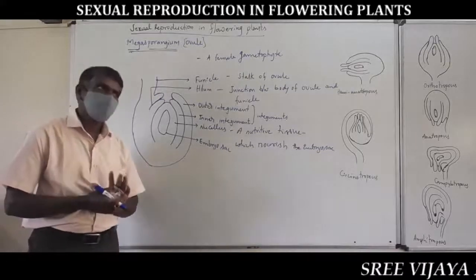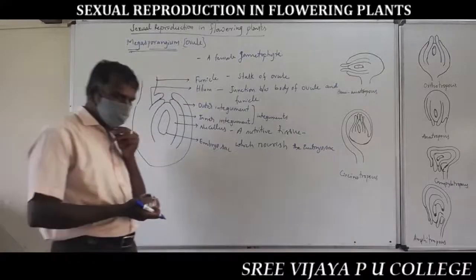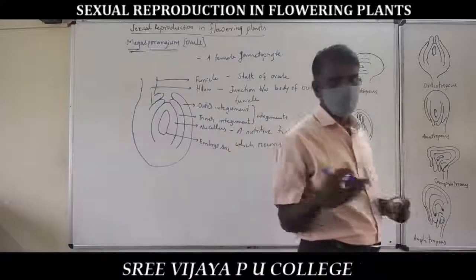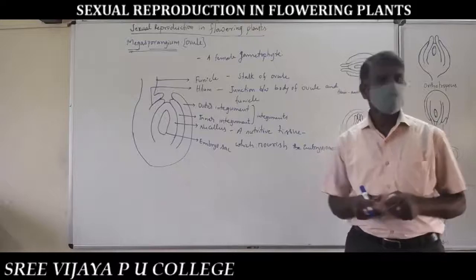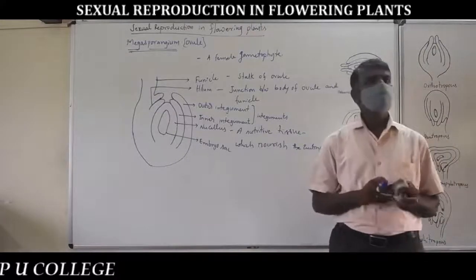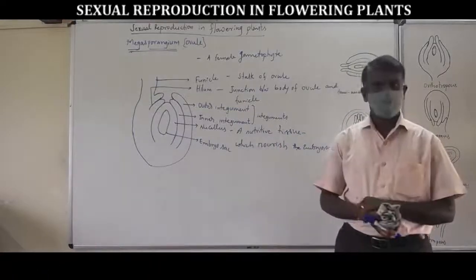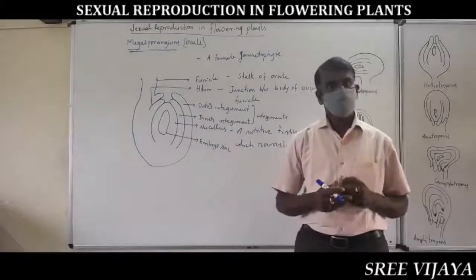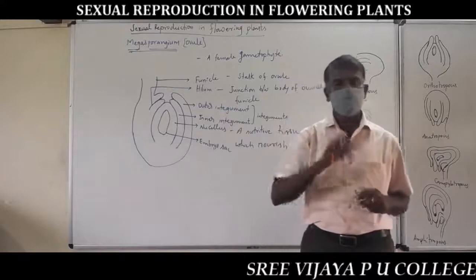Sometimes a seed consists of more than one embryo sac, as we discussed for polyembryony, for example in citrus plants like lemon and orange, which have more than one embryo present in the seed. That means there are a number of embryo sacs in each ovule or seed.